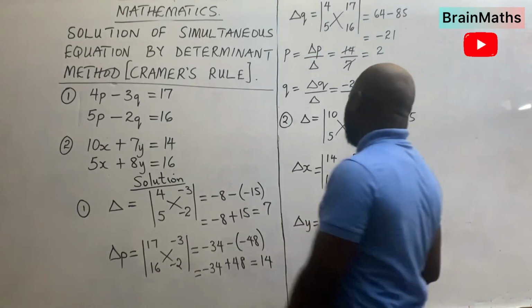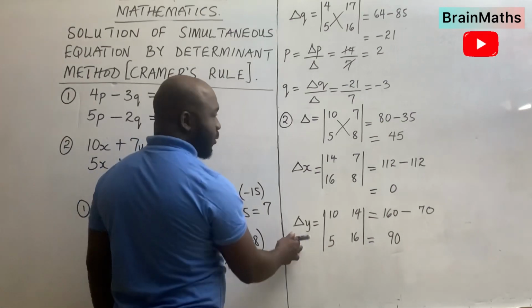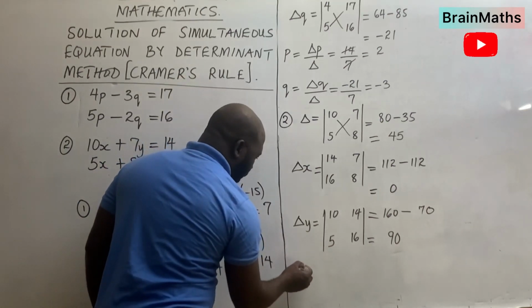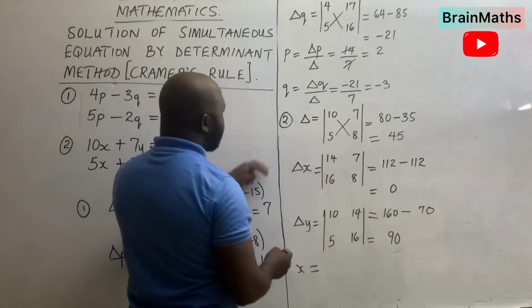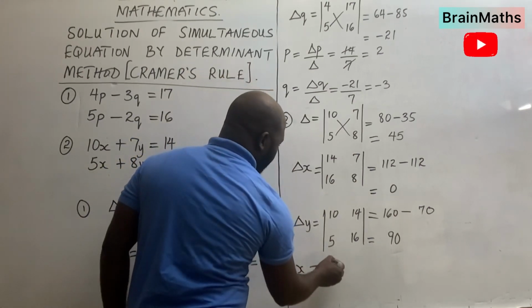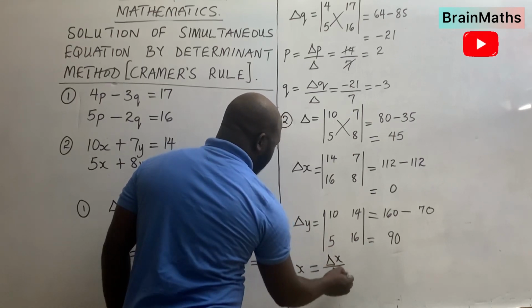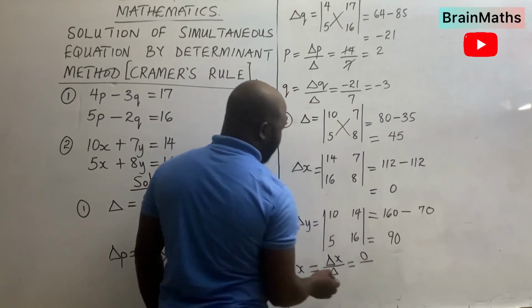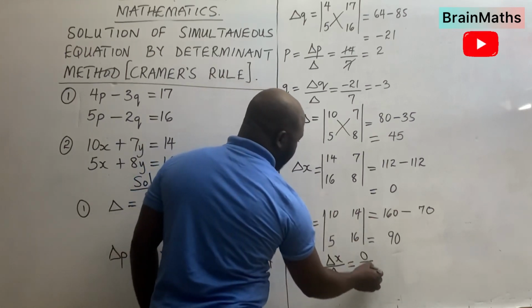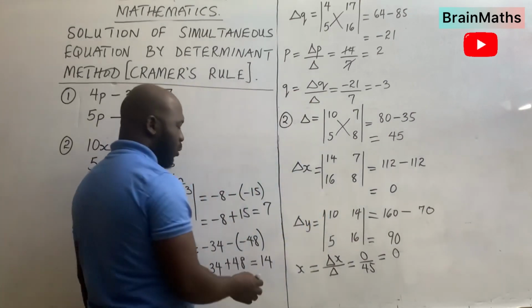So the next thing is to find the values of x and also the values of y. So our x is going to be change in x by general change, which is 0 divided by 45, and that is going to give us 0.